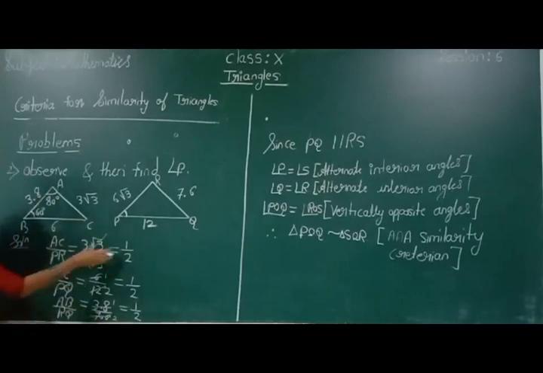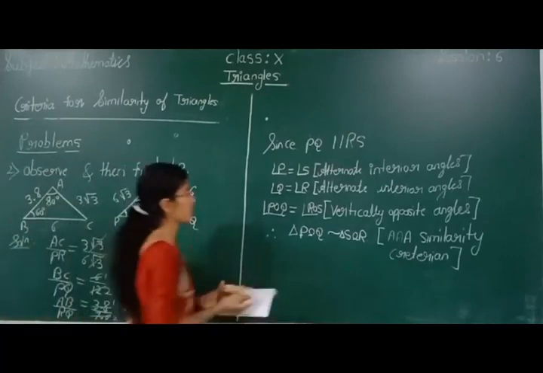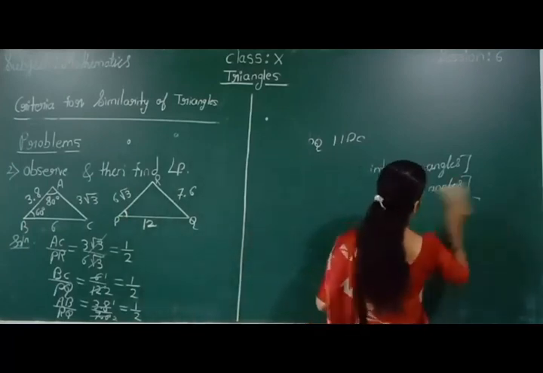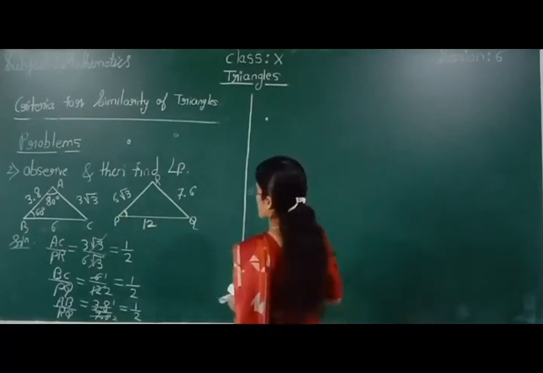Now see here, all ratios are same. Corresponding sides' ratios are same. What we can tell? These two triangles are similar.